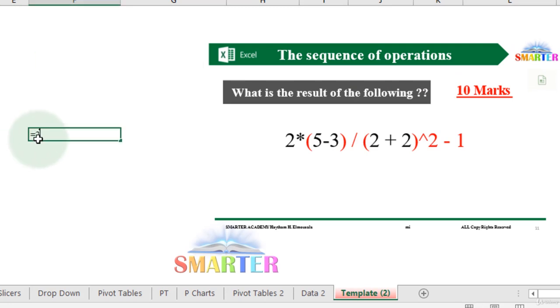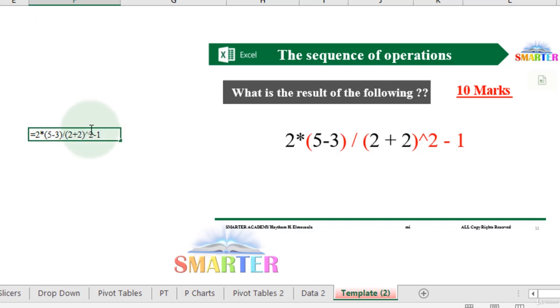Equal 2 multiply parentheses 5 minus 3 forward slash parentheses 2 plus 2 power 2 minus 1.